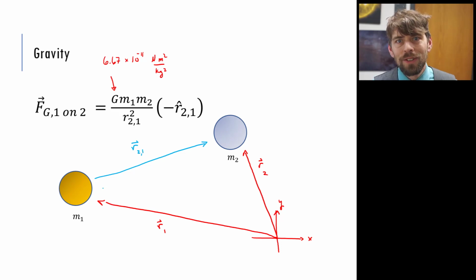Now, I'll leave it to you to look at it graphically, but you should be able to write out an equation that relates the position vector of object 1, the position vector of object 2, and the relative position vector between those two objects.